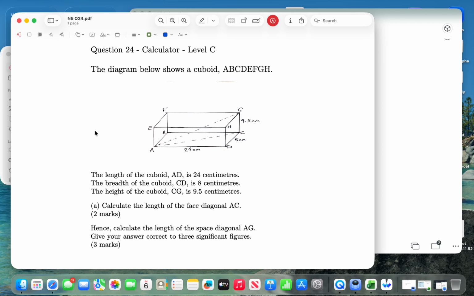We have to calculate the length of the space diagonal AG. Now, what we mean by a space diagonal is the two vertices that are furthest away. So, for example, A and G are as far away in the cuboid as you can get.